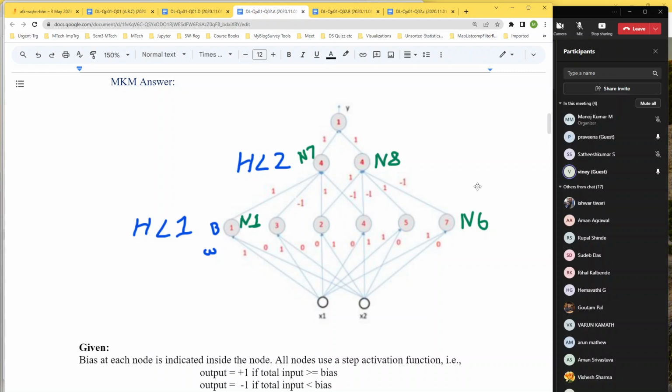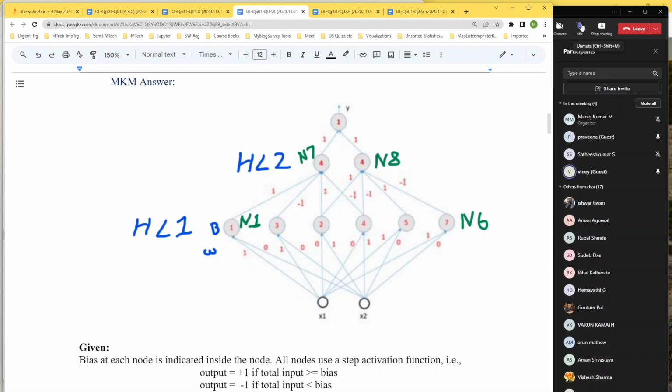So X1 will get multiplied with its weight, plus X2 will get multiplied with its weight. And it is 2 and 3. So 2 into 1 is 2, 3 into 0 is 0. So the sum will be 2. And when 2 goes into node 1, it is more than its bias, which is 1, right?